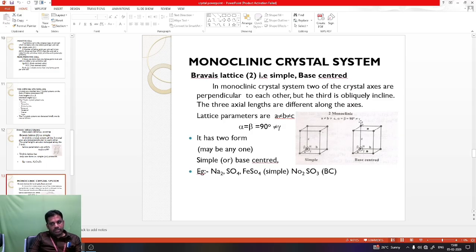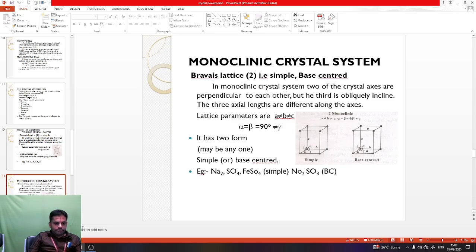Alpha and beta are 90 degrees, but gamma is not equal to 90 degrees, so only one angle is not 90 degrees. Examples are sodium sulfate, FeSO4 and Na2SO3. FeSO4 is an example for the simple monoclinic system and Na2SO3 is the base centered monoclinic system.